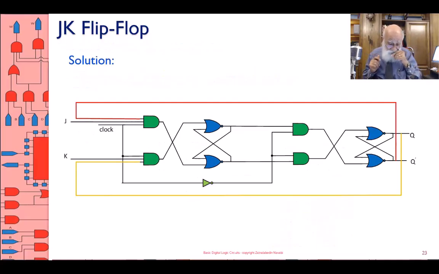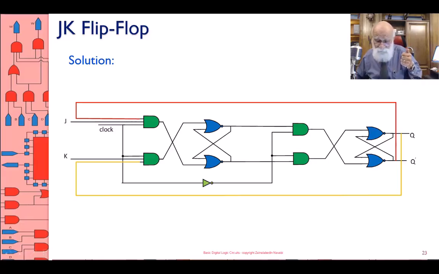I'm going to talk about it this way. Look, this is the same flip-flop. Okay, don't look at these two lines, the green and the red line on the top at the bottom. This flip-flop, okay, it's either set or reset.